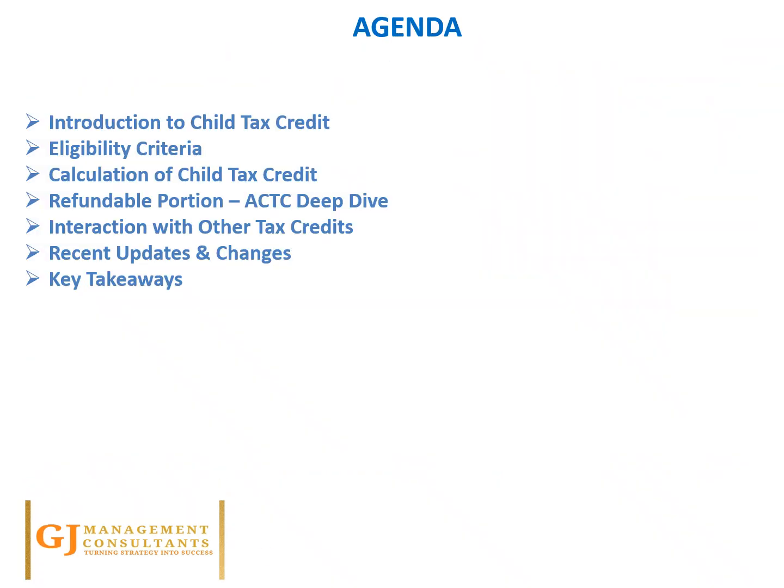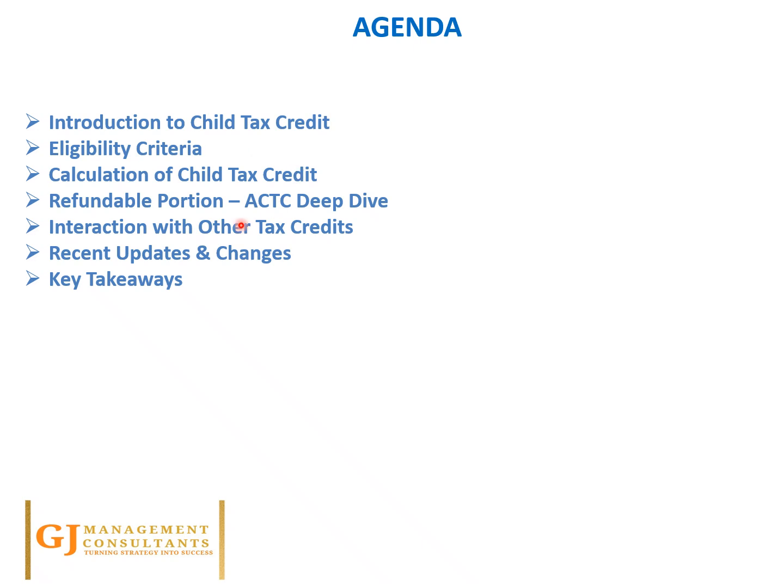Okay, so the key agenda that we're going to cover today is a brief introduction of the child tax credit, though we have understood this when we were explaining the concept of tax credits in the last session. We'll understand the eligibility criteria for claiming the child tax credit. We'll have an example wherein we show the calculation of the child tax credit.